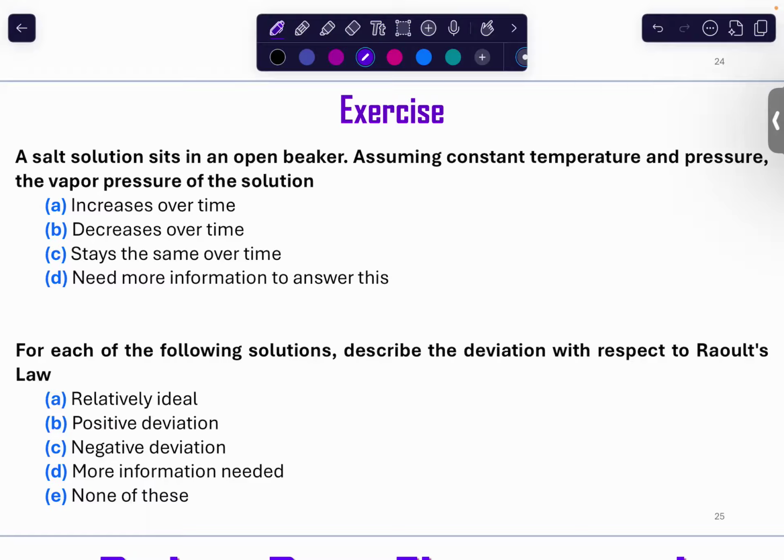What about the second? Oh, yeah, I didn't put the whole question on there, did I? Darn it. Okay, well, you actually can't answer that one. There's supposed to be a list of solutions.